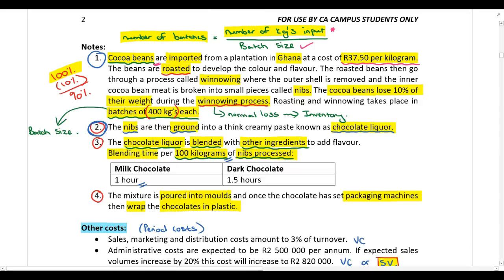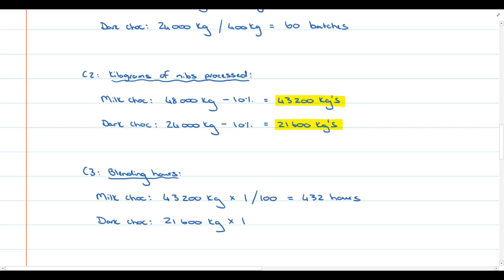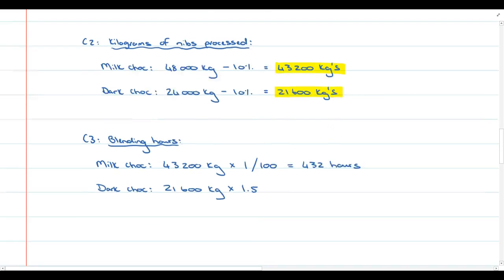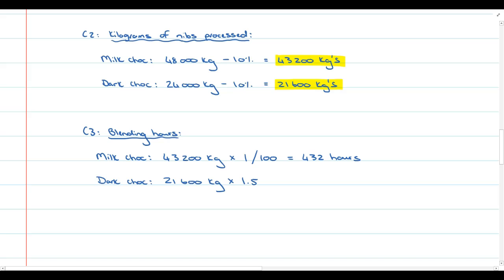For dark chocolate, it takes 1.5 hours to blend 100 kilograms. So multiply by 1.5 hours. Be careful, it's not 1.5 hours per kilogram, it's 1.5 hours per 100 kilograms. So you just need to divide by 100 over there, and that's going to give us 324 hours.